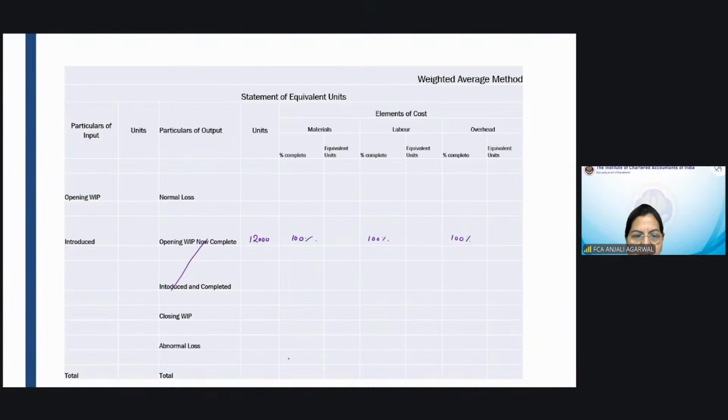So material units will be added by 1,500. In opening WIP, labor was one third complete. But here we have assumed it to be 100% complete. So plus 500 will be for labor and plus 500 will be for overheads and plus 1,500 would be for material. Rest everything will remain same.